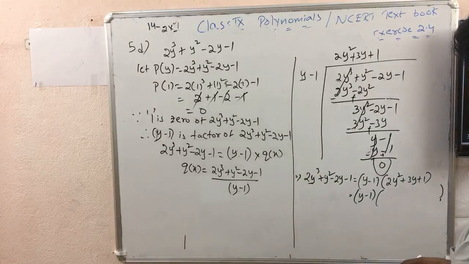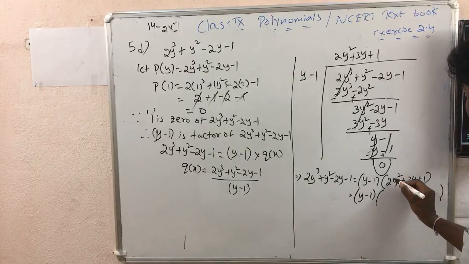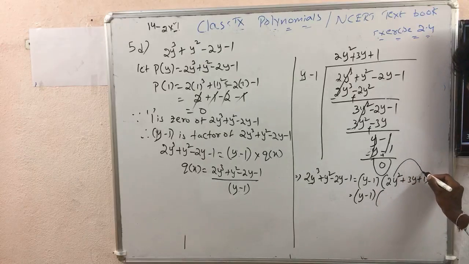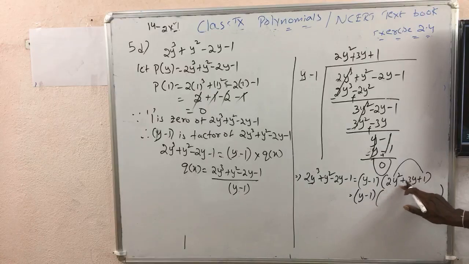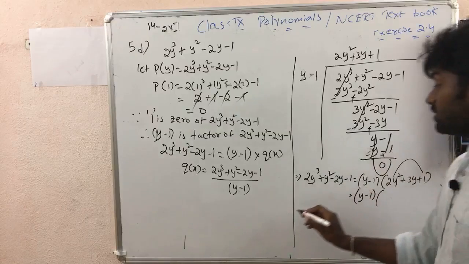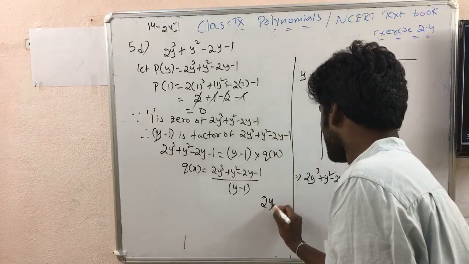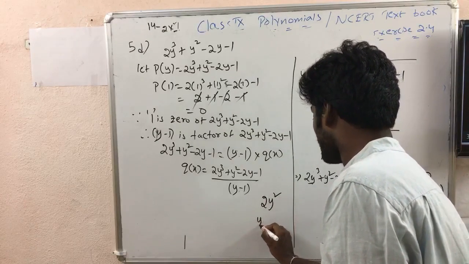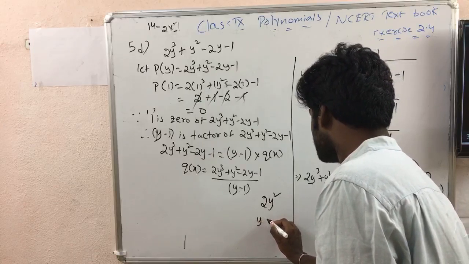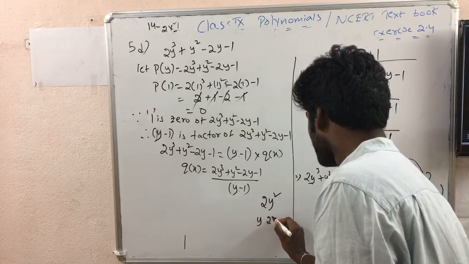Okay. Now observe carefully. In the splitting method, we are multiplying the square term and the constant. So 2y square into 1, you will get 2y square. The factors you are writing are y into 2y.